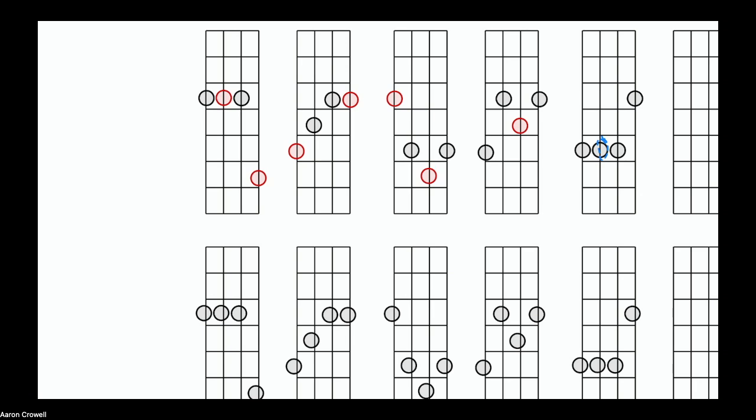Okay, I'll use red. So there are my roots here. The other notes in here are going to go down a half step, meaning my 3 and my 5 go down a half step.